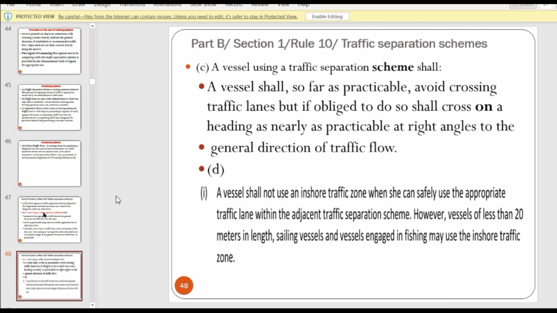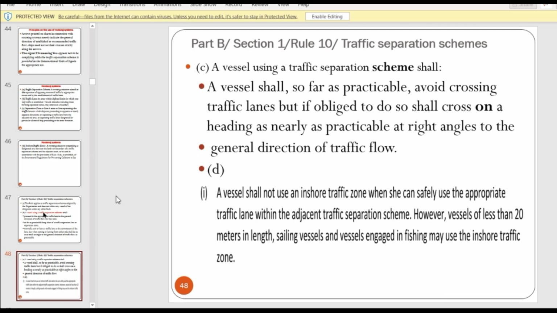A vessel shall not use an inshore traffic zone when she can safely use the appropriate traffic lane within the adjacent traffic separation scheme.